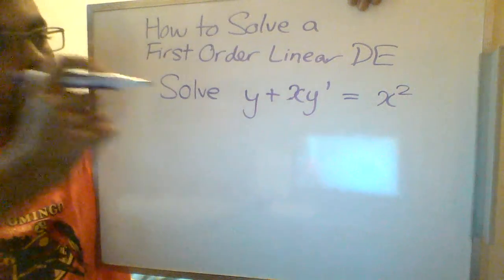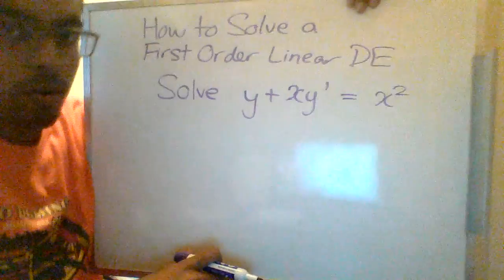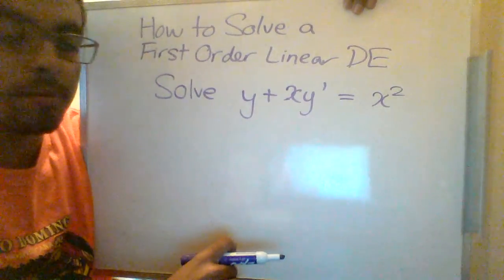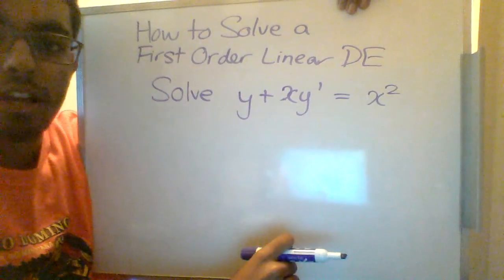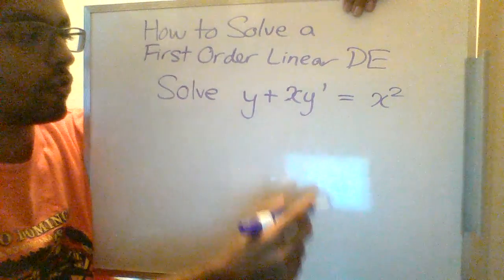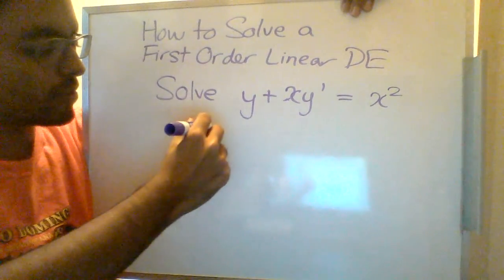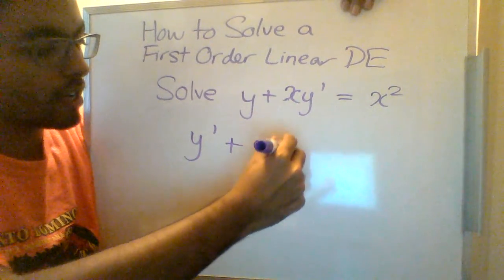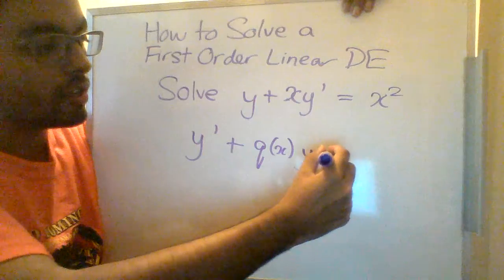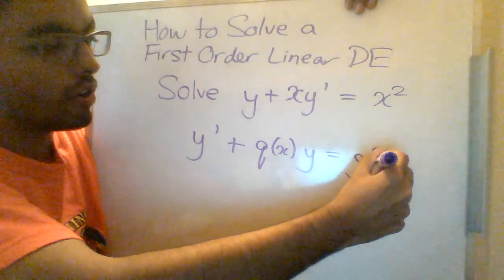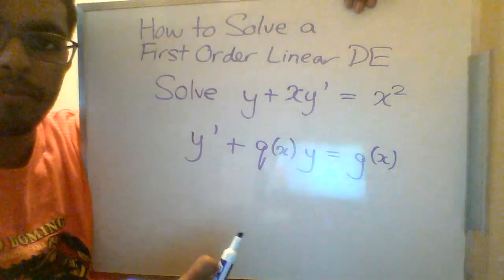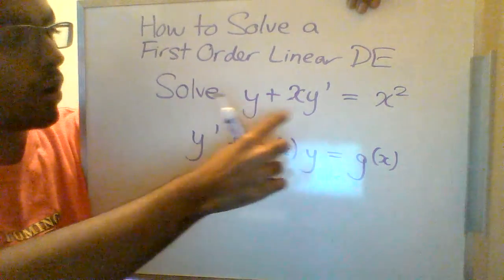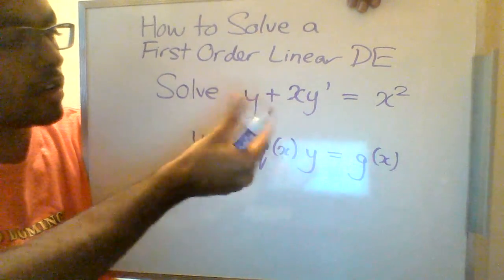But the first thing, which hopefully you've noticed, but it's very easy to miss, is that this is actually not yet in standard form. Let me remind you of standard form. That's y prime plus little q of x times y equals little g of x. Hopefully you've noticed that the y and the y prime are in the wrong spot.